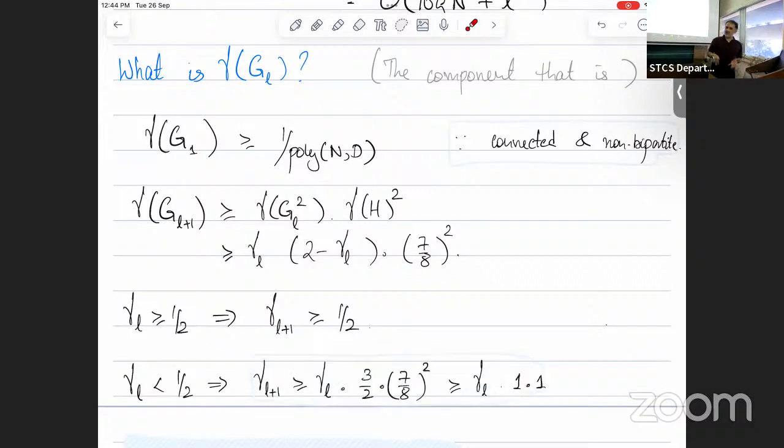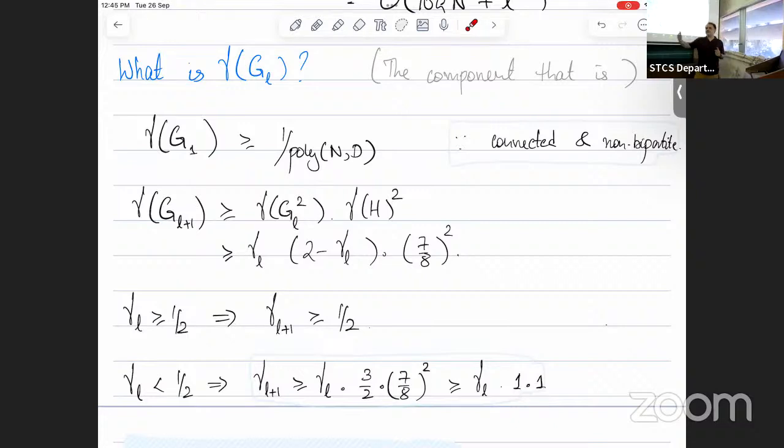Okay, and if you just look at this calculation, 3 by 2 into 7 by 8 the whole square is just a little bigger than 1. It's like 1.1 or something. It's 1.14, some nonsense. But the important thing is it's a constant factor larger. So if the spectral gap was really small, doing one step actually massively increases the spectral gap.